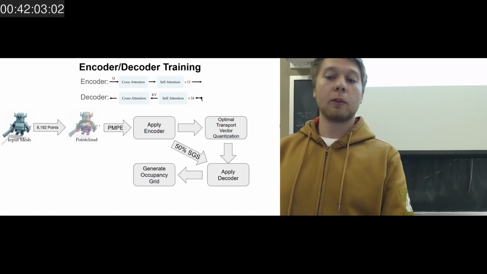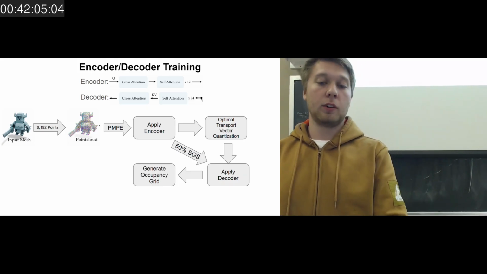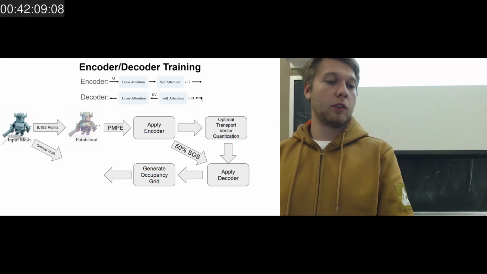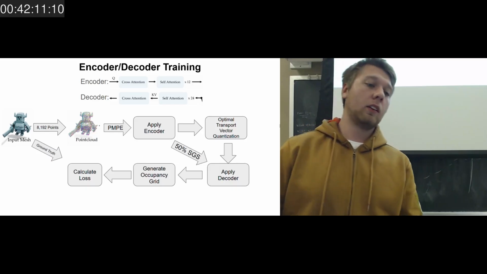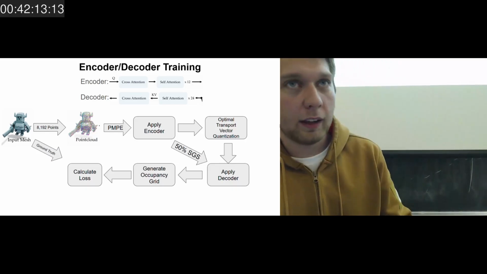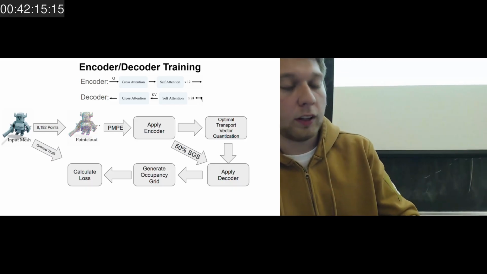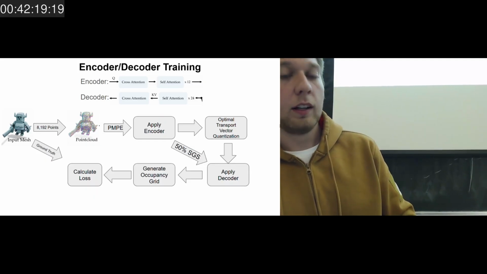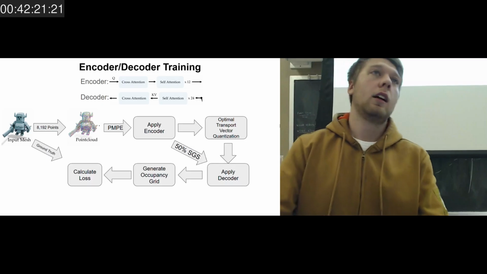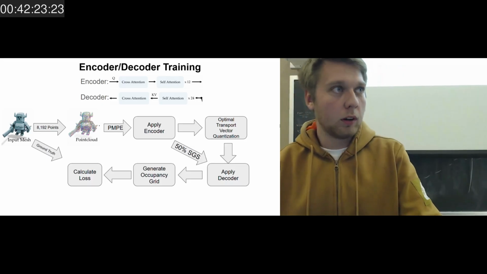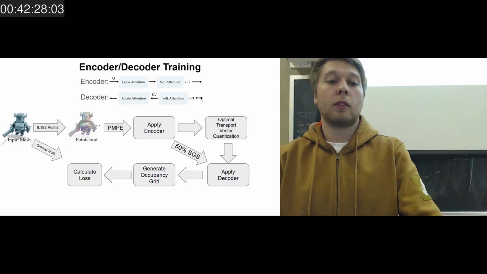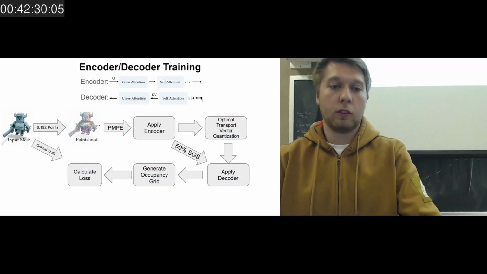So once we apply that decoder, we generate that occupancy grid like I talked about before. We take the ground truth, which is the input mesh, and calculate the loss. Now the ground truth here, obviously we can't take the mesh. We do have to take a point cloud from it, but it's not the same point cloud that is applied to the encoder, because we want to not only learn what space is filled, we want to learn what space is not filled. So when we're sampling the points for the encoder, it's all points from the surface of the mesh.